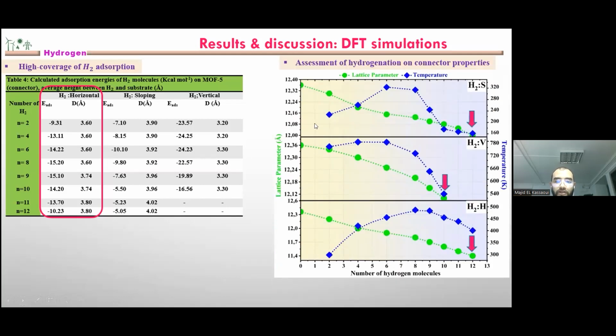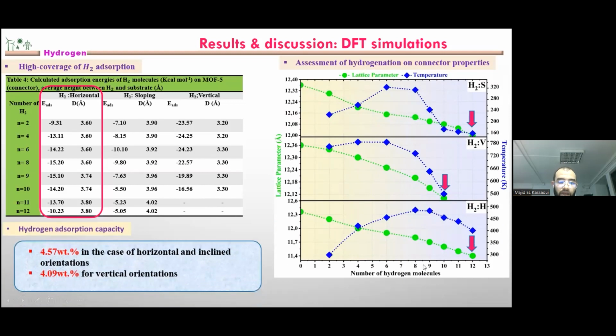And for assessment of the hydrogenation properties of the connector, the lattice parameter or the volume of the connector increases while the gap decreases with increasing number of hydrogen molecules. Similarly, the hydrogen absorption capacity is 4.57% in the case of horizontal and inclinic, but for the vertical orientation it is equal to 4.09%.